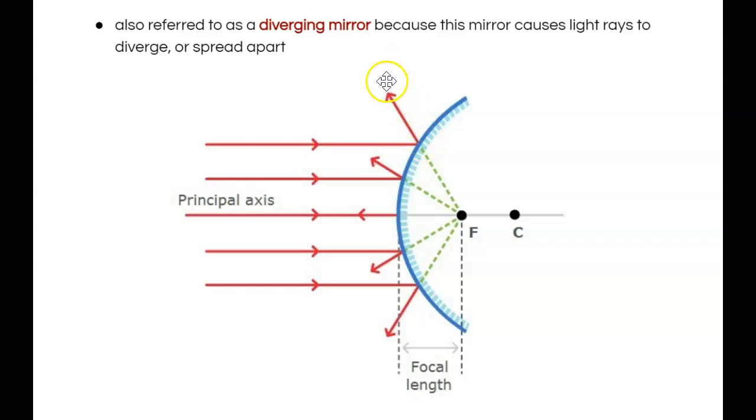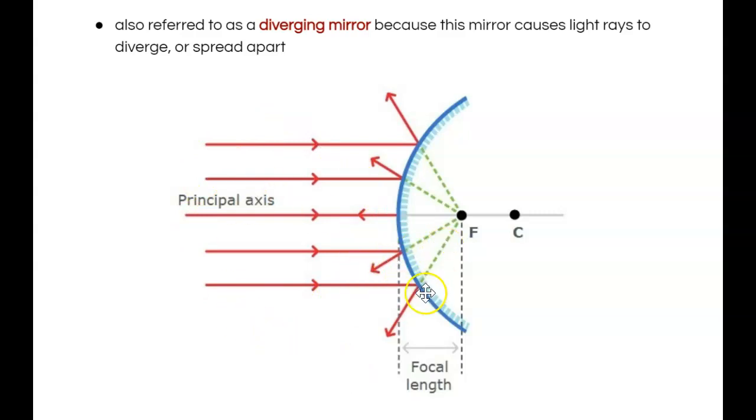Here's a reflected ray, reflected ray, reflected ray. All of those light rays are going to diverge, or move increasingly further apart from each other, as they continue. They're never going to come together on the real side of the mirror.